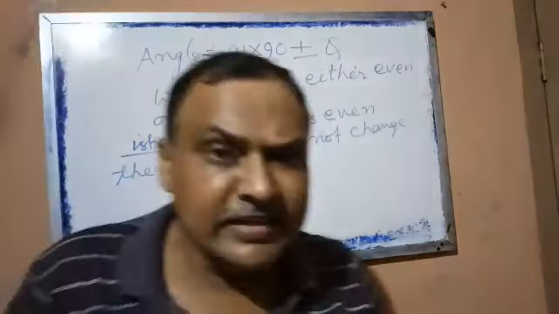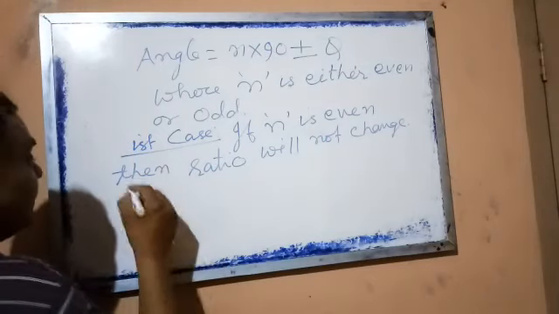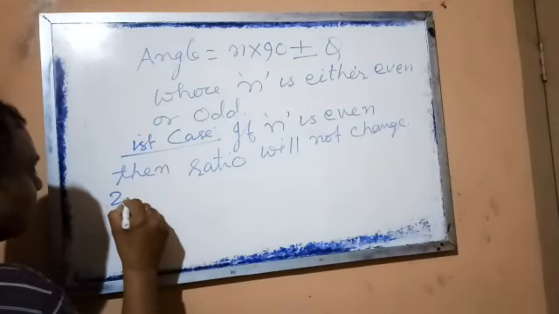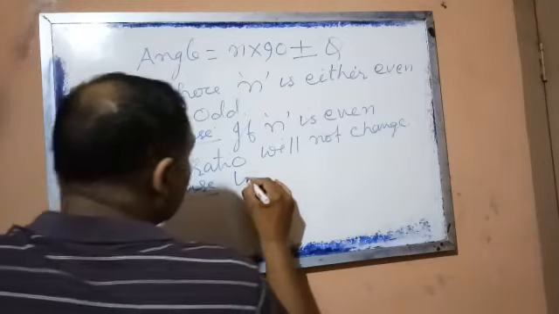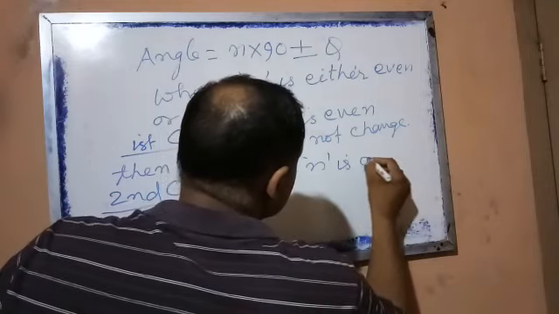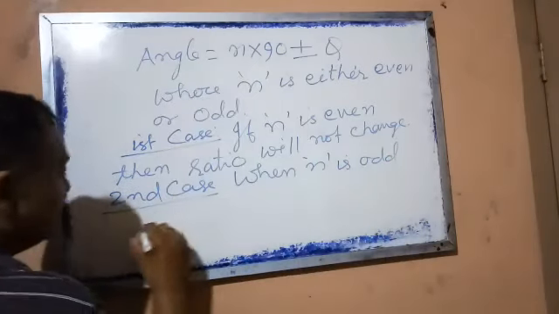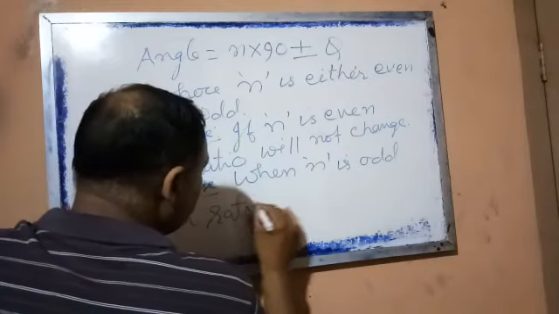Means sine will remain sine, cos will remain cos, tan will remain tan. But second case, when n is odd, then the ratio will change.